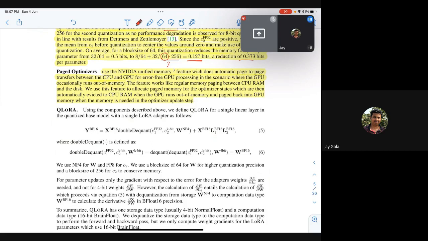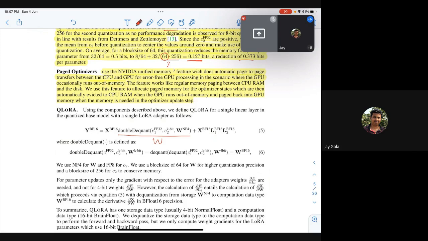So overall, now if you look at the way the pipeline works, or at least the formulation, it's similar to LoRA, where you have this brain float 16 input in this case, and now you do this. This can be treated as nothing but the same W from the original one, but in this case you do a double dequantization of the W, since you're storing it in 4 bits.